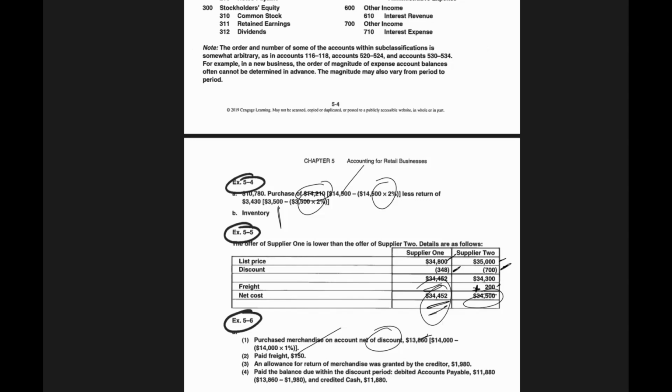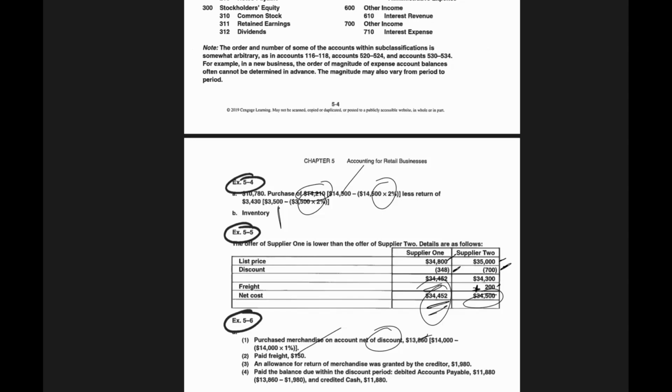And then lastly, number 4, they debited accounts payable for $11,880 and credited cash for $11,880. This would be paying now all that inventory that we purchased on account.